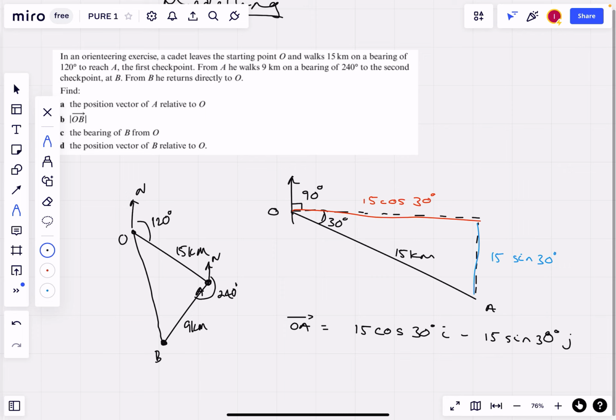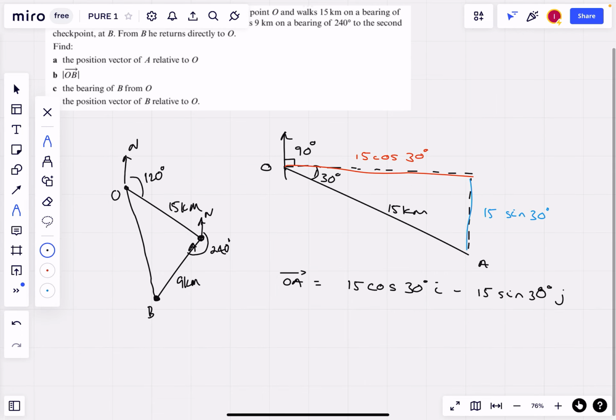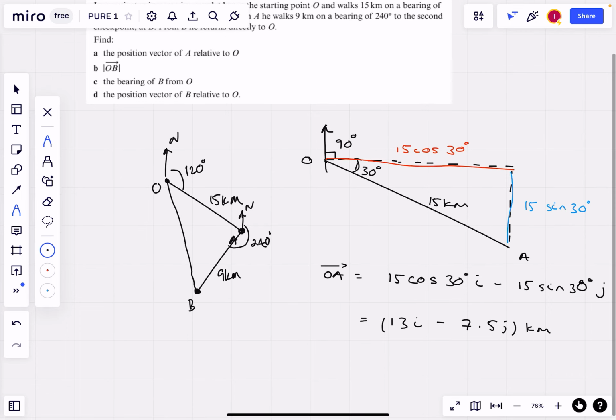Now it's just a matter of plugging that in the calculator and you get 13i minus 7.5j kilometers. Okay. That's part A done. Part B is asking for the magnitude of OB. But first, we need to work out OB.